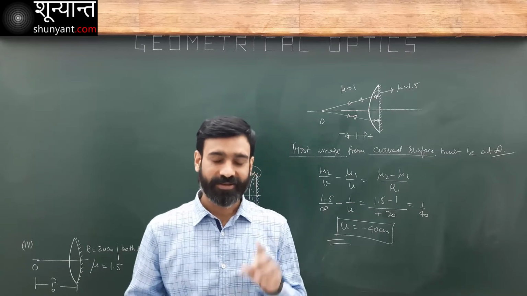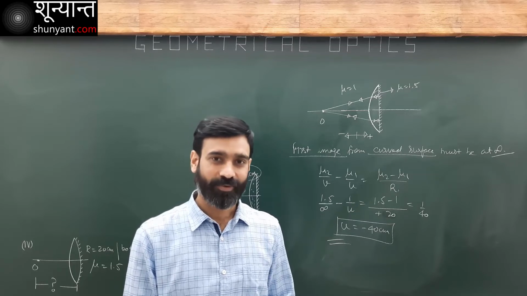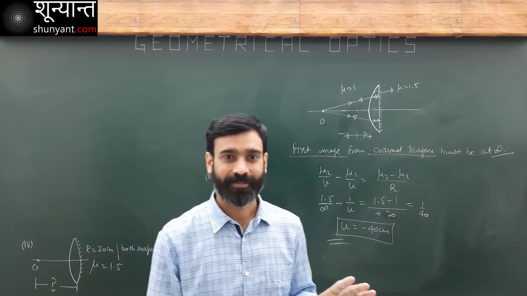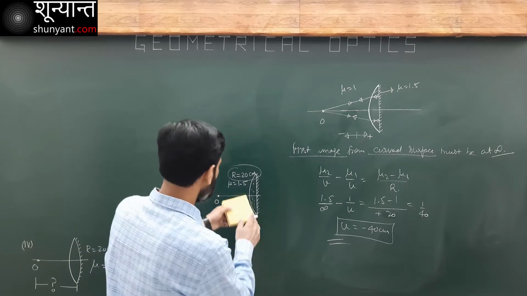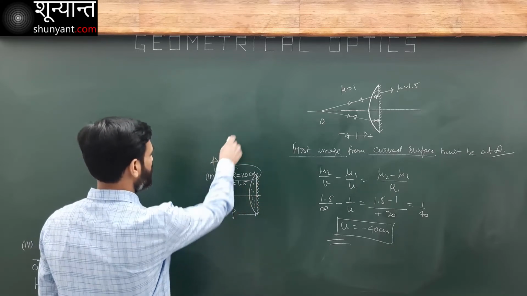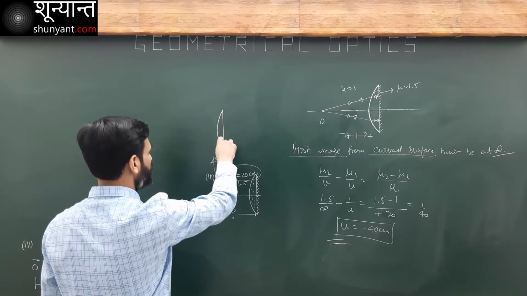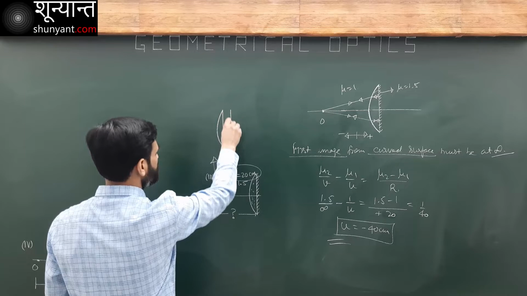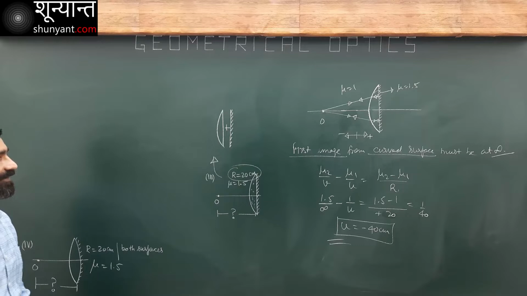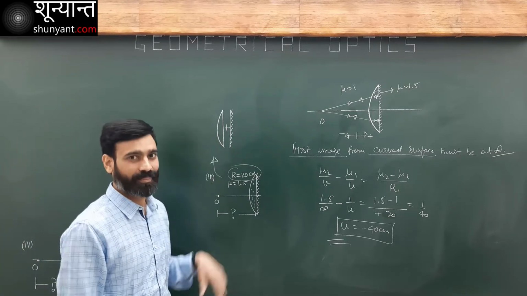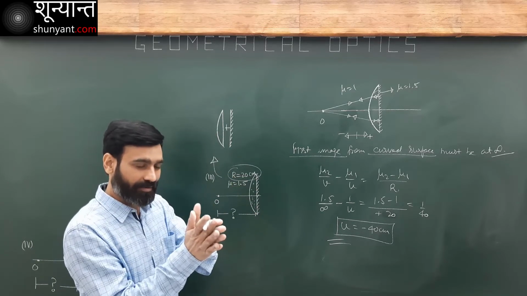This is one way, the first method of doing it. Now there is one other way of doing the same thing. Try to understand that also. I can think of this as a plano-convex lens plus a plane mirror. I can think of this as a convex lens in contact with a plane mirror.